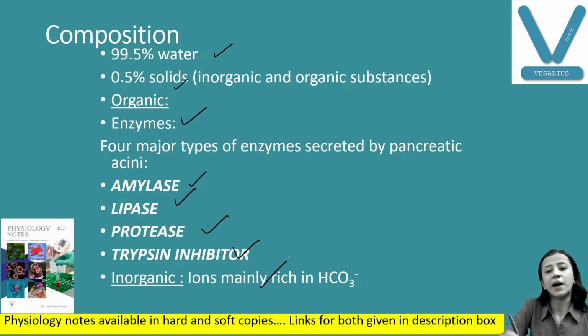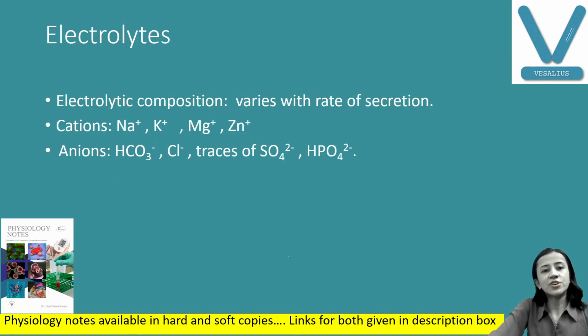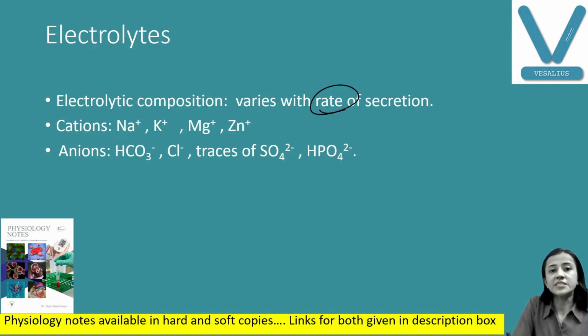Main ion is bicarbonate. As we have discussed, all the electrolytes are present, but mainly bicarbonate. But the rate of secretion affects the electrolyte concentration. Cations are sodium, potassium, magnesium, and zinc, and anions are bicarbonate and chloride. Small amounts of sulfates and phosphates are also present.